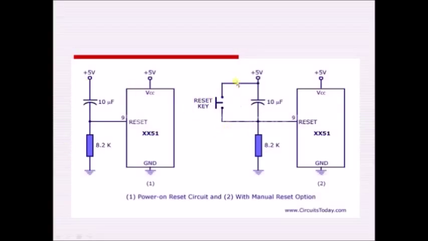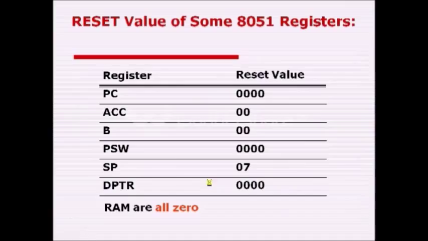This is called as power on reset with manual switch. Initially without this switch it works as power on reset, but in the middle of the application, if you want to reset the controller, then this switch must be closed. As soon as you close the switch, the supply voltage will reach this reset pin. So this is how you are going to reset the controller with the help of this reset pin.